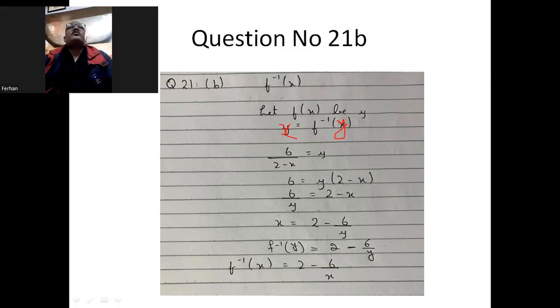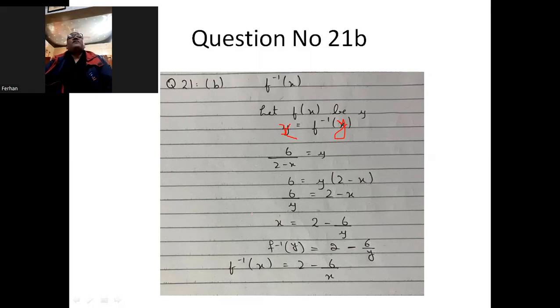Now in this original formula where you supposed that f of x is equal to y, put that formula: 6 divided by 2 minus x equals y. Take this to the other side. 6 is equal to y into 2 minus x. So bring this y to this side and make the x alone. So x is equal to 2 minus 6 by y.